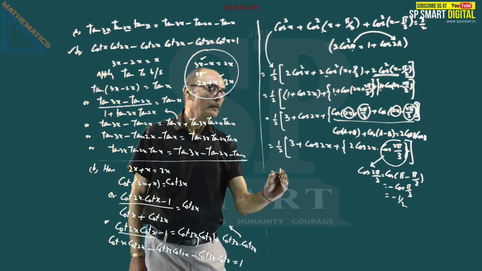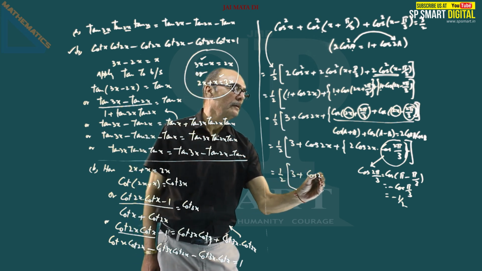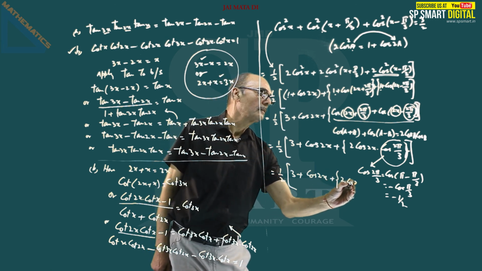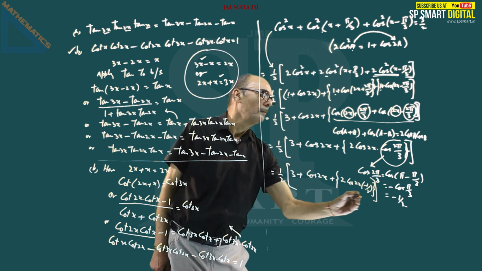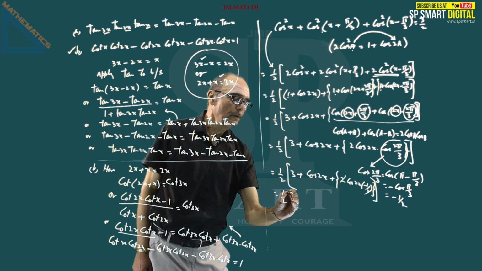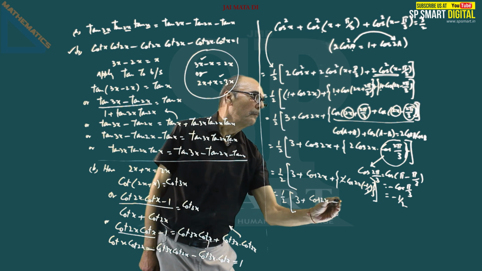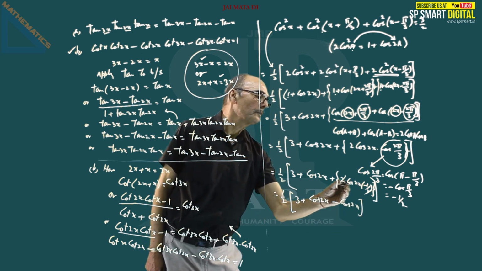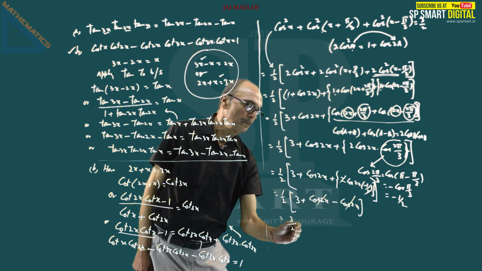So, this is 1 by 2 into 3 plus cos of 2x plus 2 cos of 2x and minus 1 by 2. This 2 and 2 gets cancelled. So, we have 1 by 2 into 3 plus cos of 2x minus cos of 2x. Minus 1 into cos 2x will give this and this gets cancelled and the final result is 3 by 2.